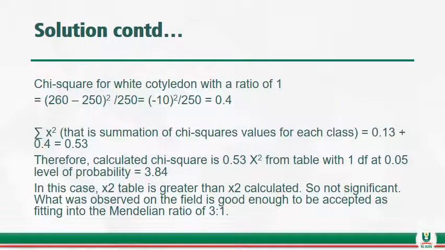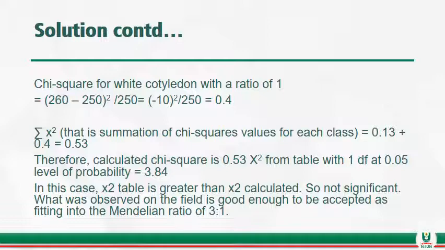And for the white cotyledon in ratio 1, the expected value, observed minus expected squared all over expected, you get 0.4. So a summation of this chi-square, both the yellow and the white cotyledon, is 0.13 plus 0.4, which gives 0.53. Therefore, the calculated chi-square value is 0.53.